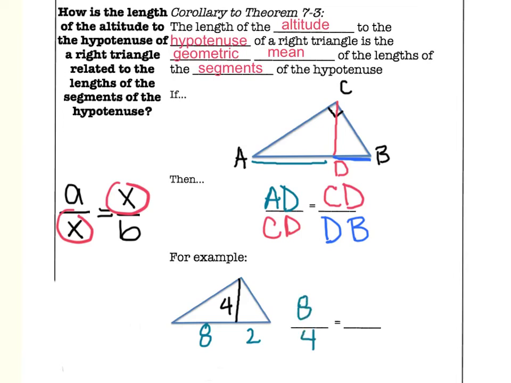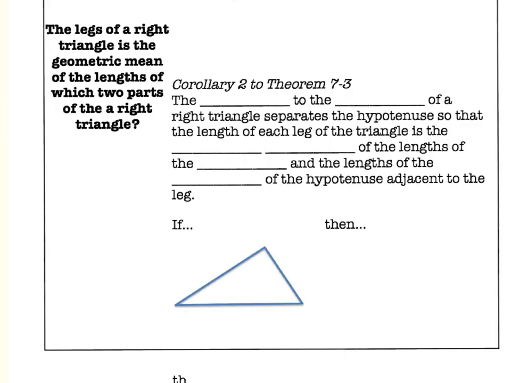So if we reduce this down, we know that 8 over 4 equals 2 and that 4 over 2 equals 2. So this does check out, that yes, 2 is equal to 2.